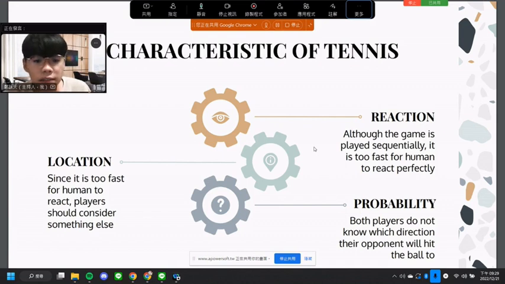So even if the game seems to be sequential, they sometimes need to predict what their opponent chooses, and the game may not be sequential anymore. That's also what location is about. There are lots of directions players can choose to hit the ball to. We represent this as the probability.